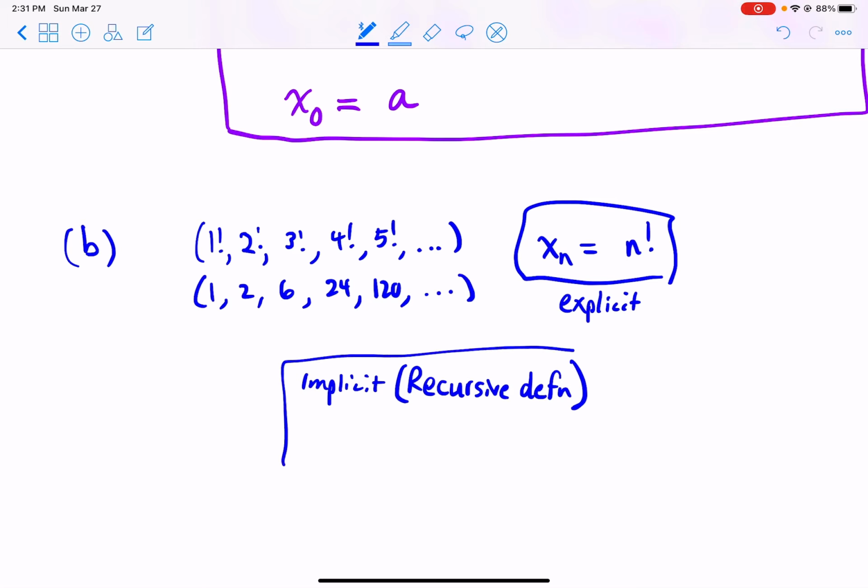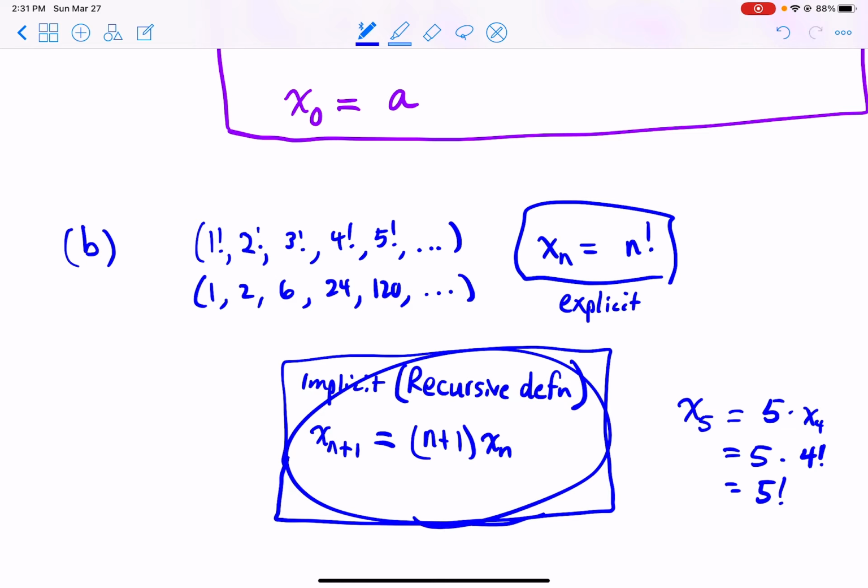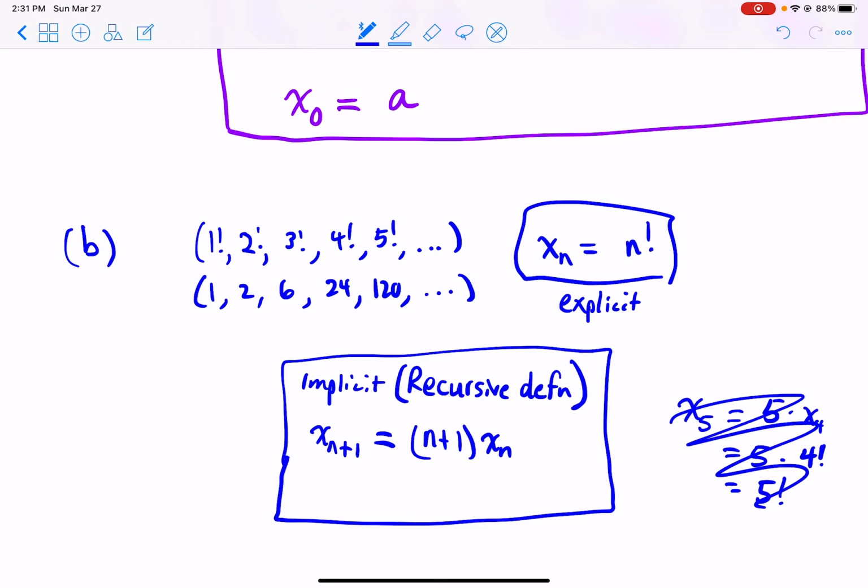Well, the next term, n plus 1, is something times the old term. What is it? It is n plus 1 times the old term. Let's make sure that works. x5 should be 5 times x4. And that is 5 times 4 factorial. And that is, in fact, 5 factorial. So that works so far. Now to get it started, x sub 1 is 1. Okay, there we go.